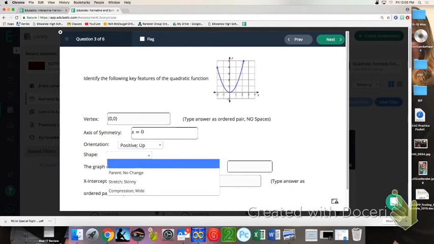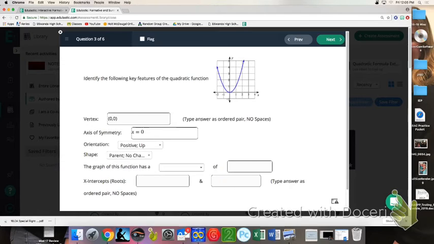Shape? No change, because again, you can go up 1 over 1 and you're following the graph. It has a what? Max or min? Minimum value of 0, and my x-intercepts? I promise they'll change. Pretty easy. All right. Next one.